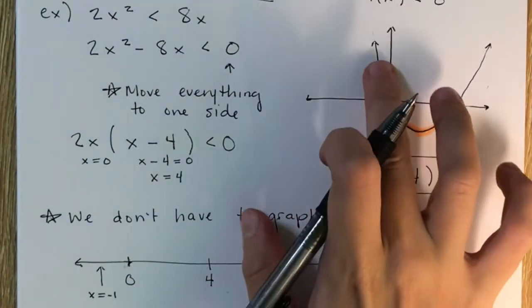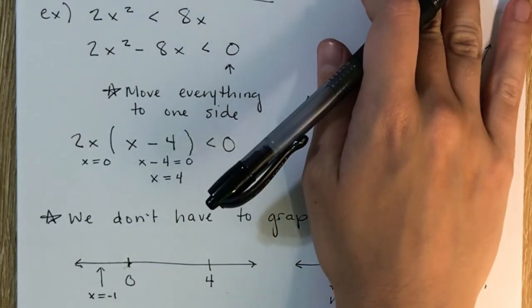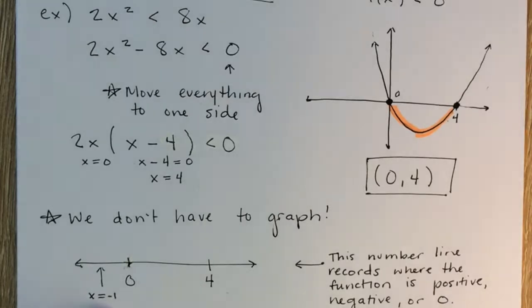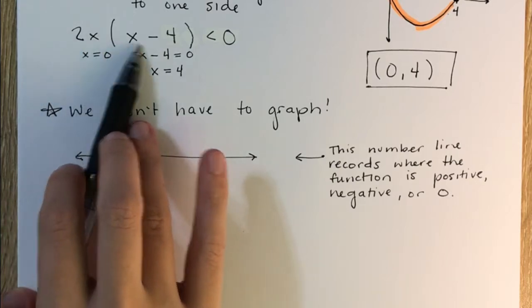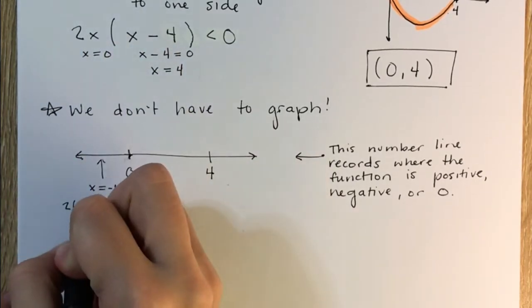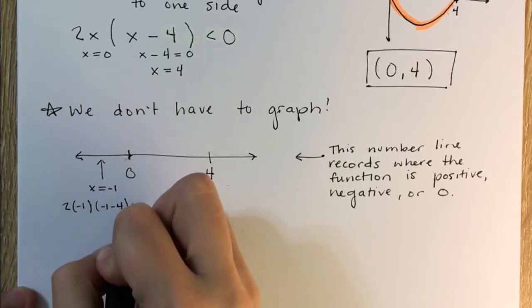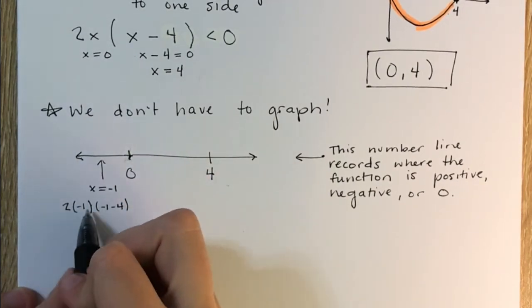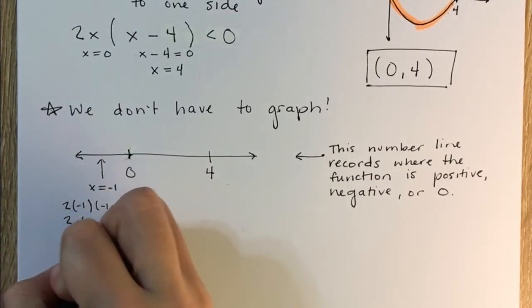We can see from over here that that's positive, but again, we're trying to figure out a way where we don't have to graph it every time. So let's figure it out. We don't have the graph, so our function is 2x times x minus 4. So we have 2 times -1 times -1 minus 4. So that's 2 times -1 times -5.